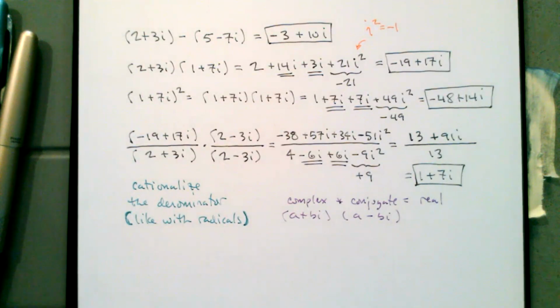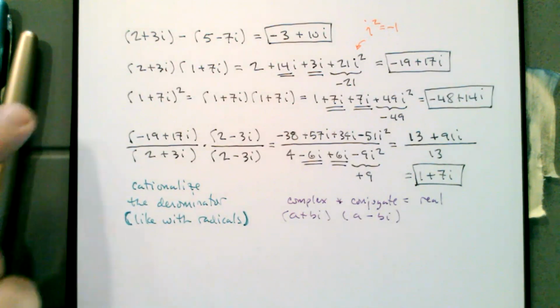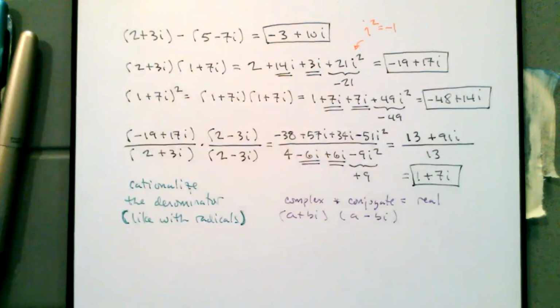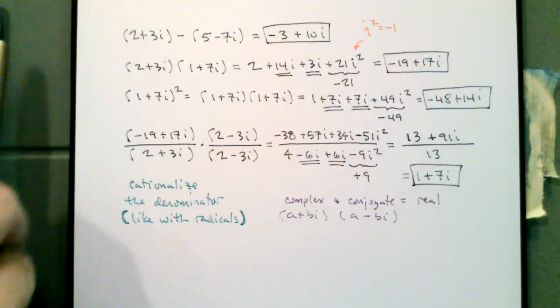And it's really good that we got that, because 2 plus 3i times 1 plus 7i is negative 19 plus 17i. That's what we did up here. That's why I chose to start here and just divide by one of these. Clearly, I should have picked the 1 plus 7i. I wouldn't have had this 13 problem, but there it is. Spoiler alert, I would have traded my 13 problem for a 26 problem, and the same thing would have happened.